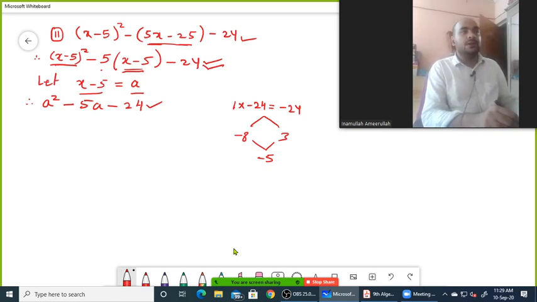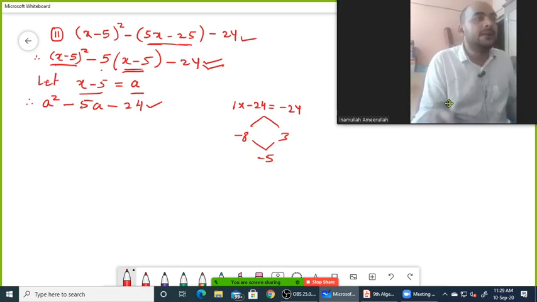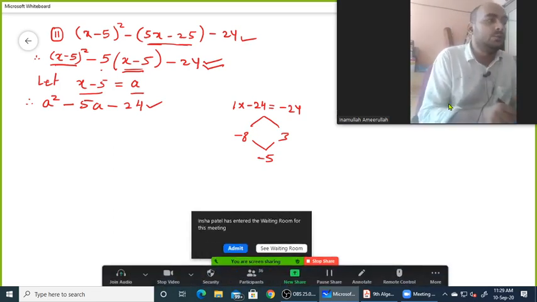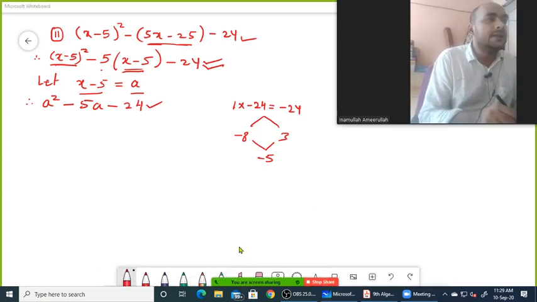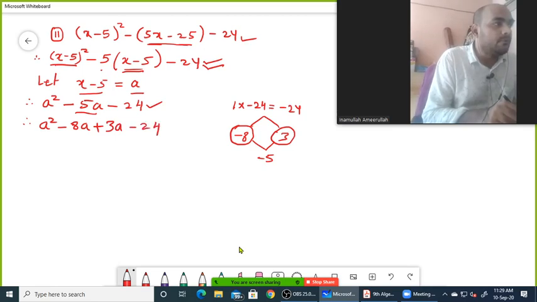When you multiply negative 8 with positive 3, you will get the product minus 24, and when you add negative 8 and positive 3, you will get negative 5. These two linear factors, negative 8 and positive 3, can be substituted in place of the middle term. So a square minus 8a plus 3a minus 24.